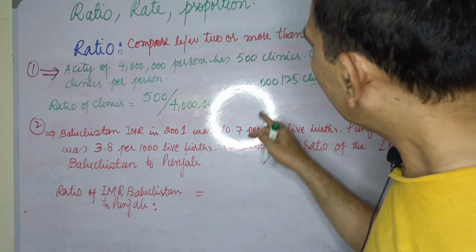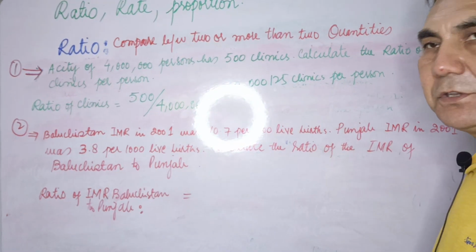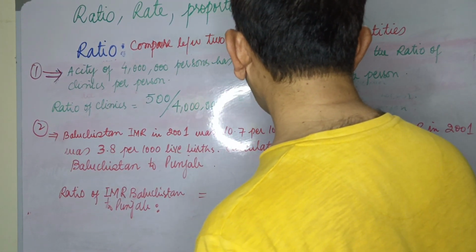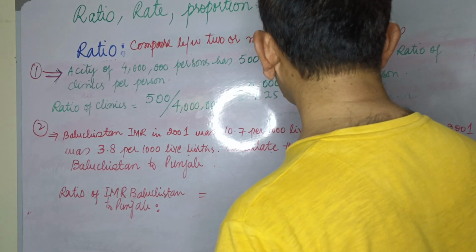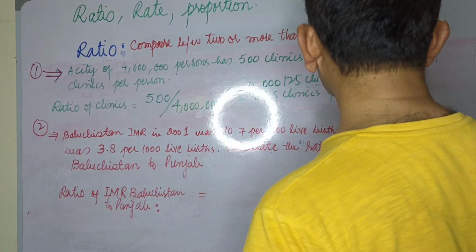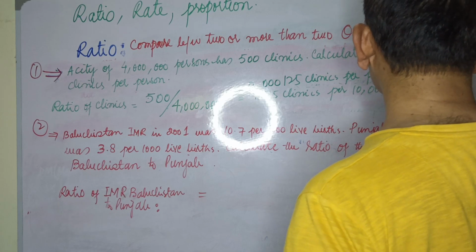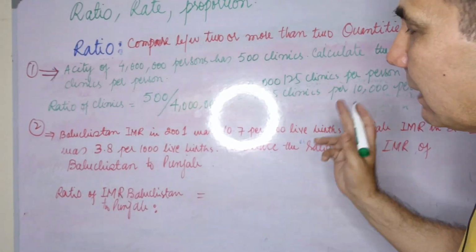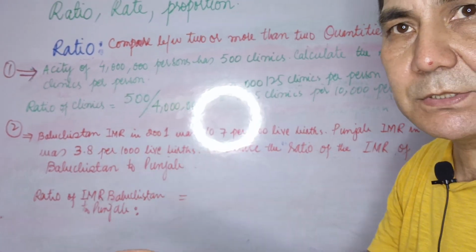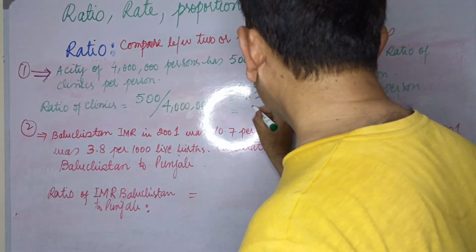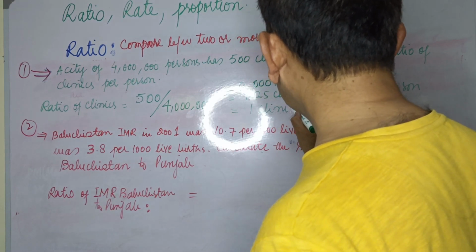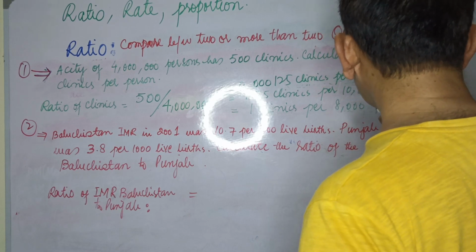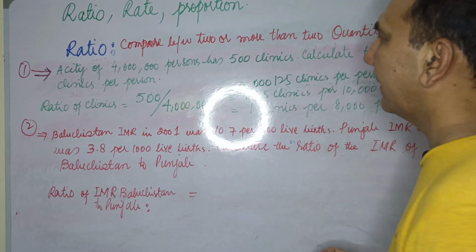If we multiply this by 10,000, it will come up with 1.25 clinics per 10,000 persons. If he wants to know one clinic for how many persons, one clinic will come up per 8,000 persons in that particular city.